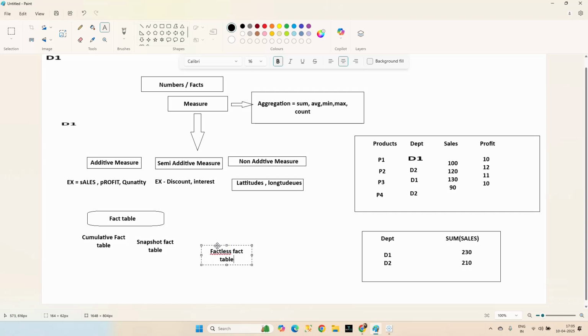I'll explain in a simple way. In fact table, we have cumulative fact table, snapshot fact table, and factless fact table. We have three types of fact tables.